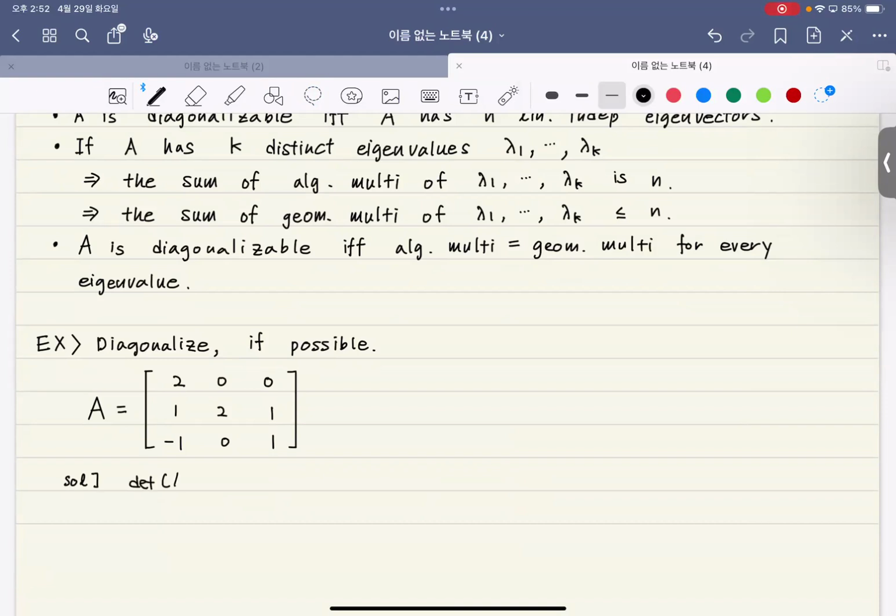So I will compute the determinant: 2 minus lambda, 0, 0; 1, 2 minus lambda, 1; minus 1, 0, and 1 minus lambda.